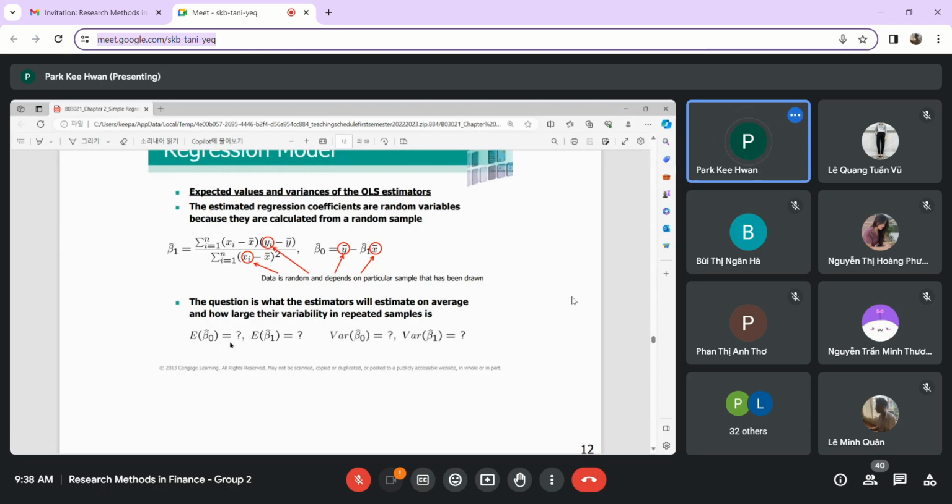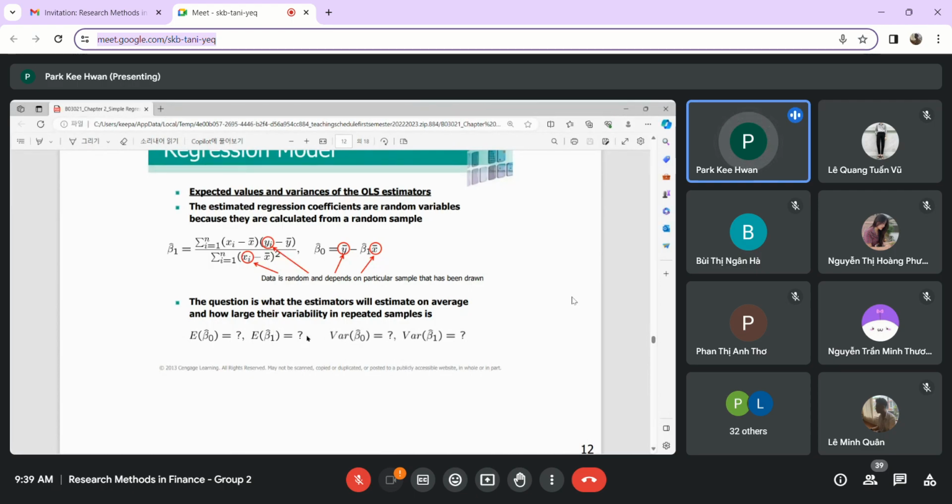In other words, what is the expected value of beta naught hat, and what is the expected value of beta 1 hat?